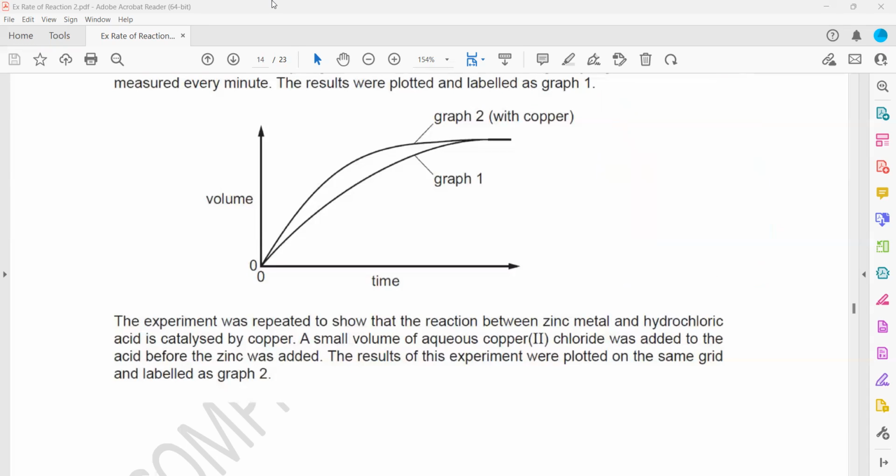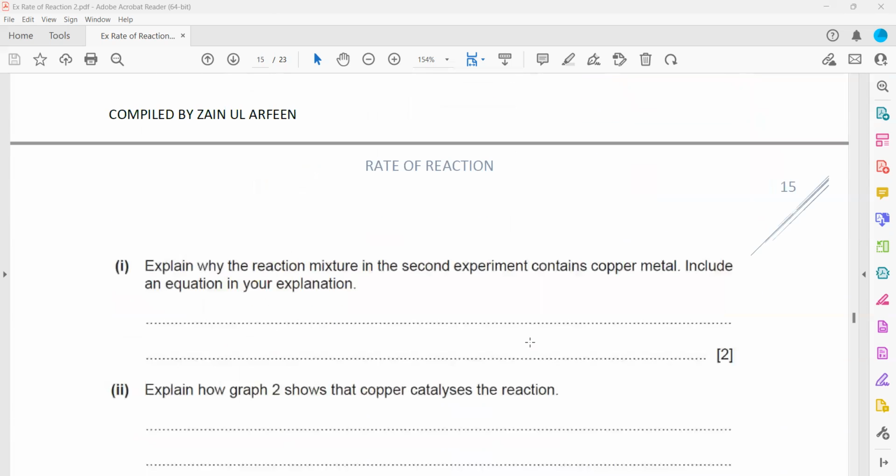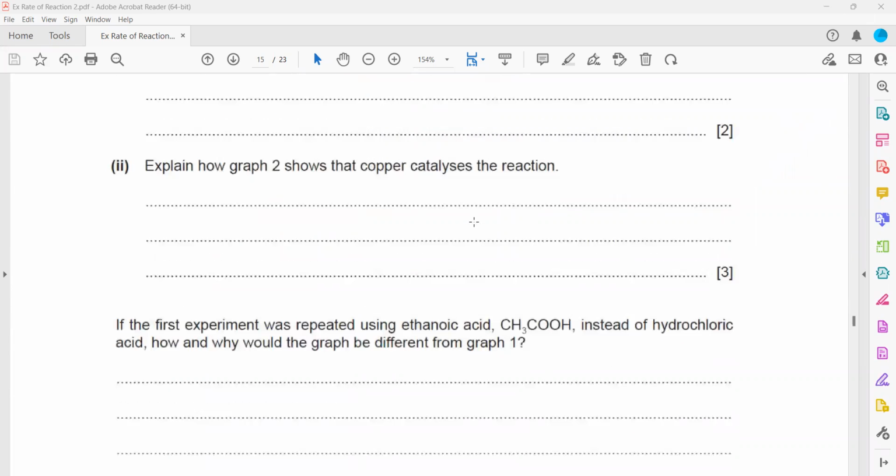Is it clear, this one? That is why weak acid reacts slower compared to strong acids. Yes, sir. Clear. So in the beginning the reaction will be very slow, then the molecule breaks.